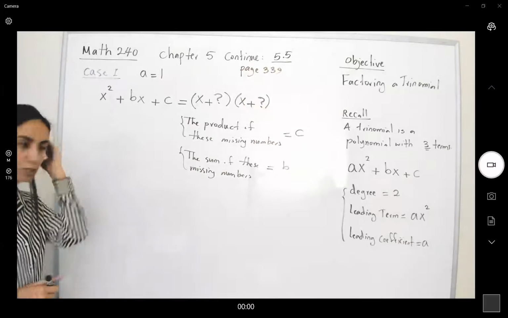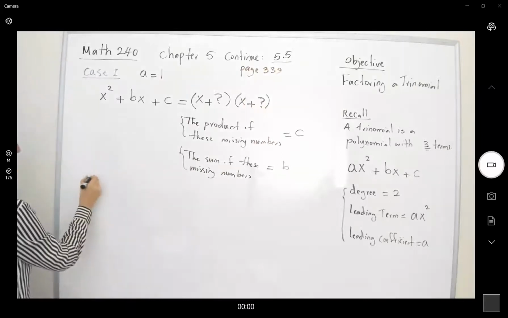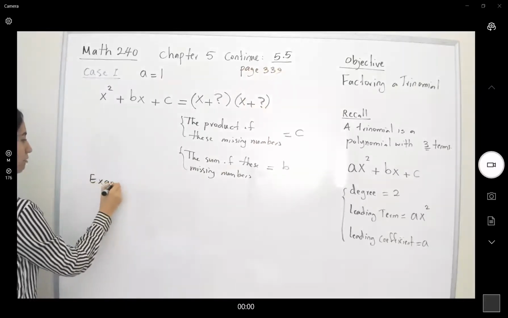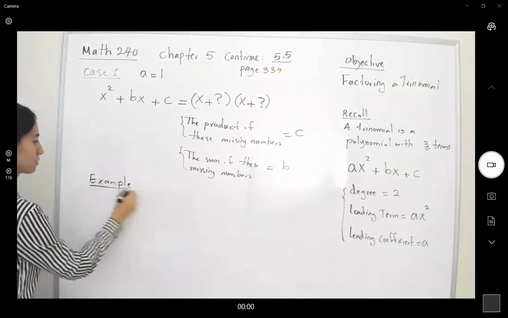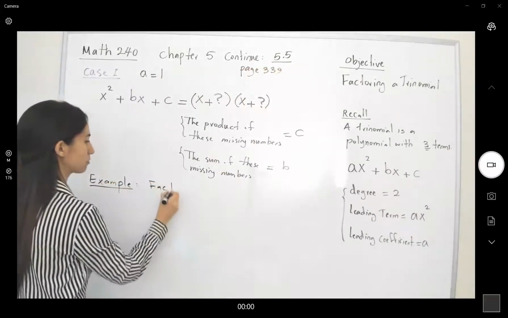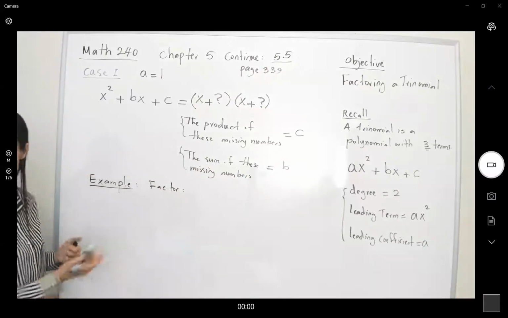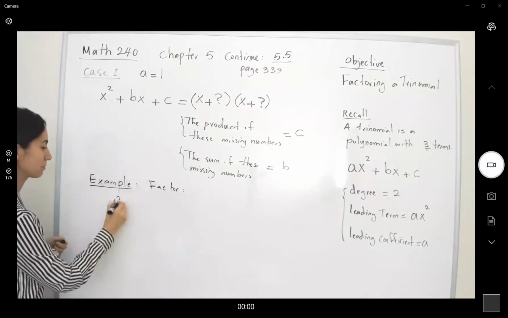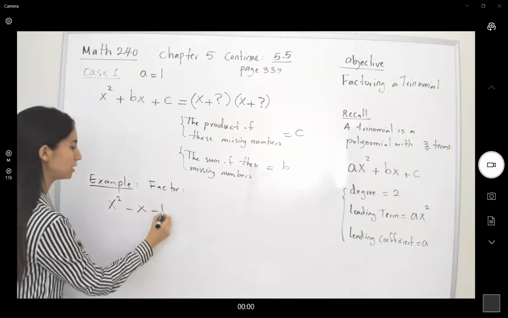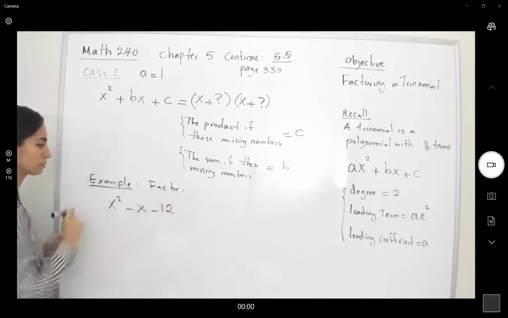Our first example says, factor completely. Here we have x squared minus x minus 12.